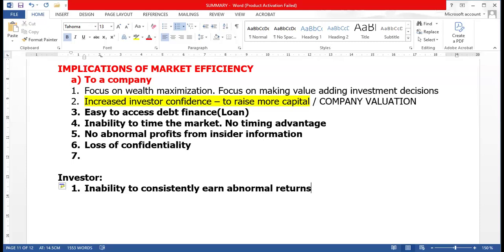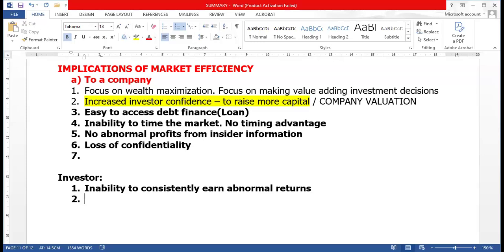Once information is available, other investors are also going to act. So it means that you as an investor who relies on just information to gain your returns, here it will not work for you.